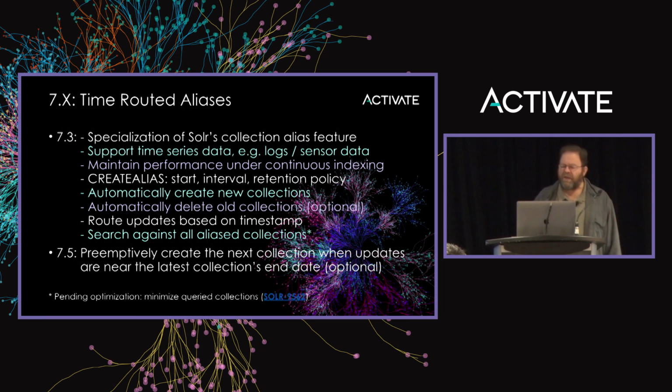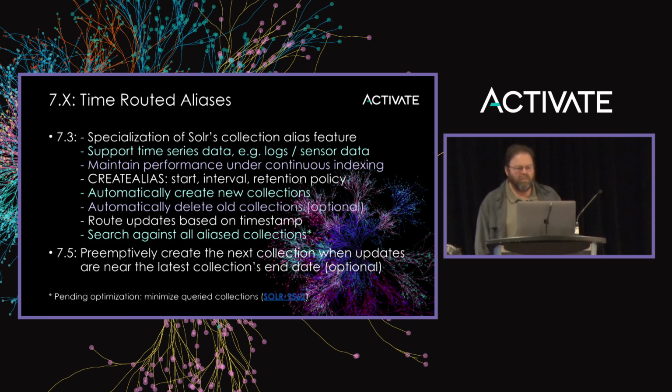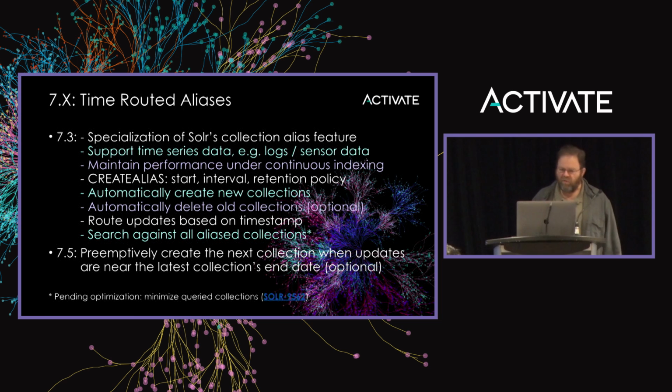This supports time series data, for example, logs or sensor data, and is intended to address the issue that if you continuously index into a collection, it can grow unbounded and become less and less performant. The time-routed aliases allow for a series of collections to be created, the performance of which can be managed by adding replicas or changing the number of shards that you want to use.